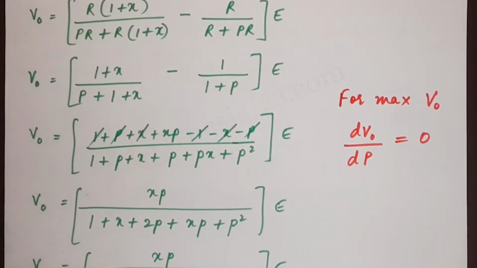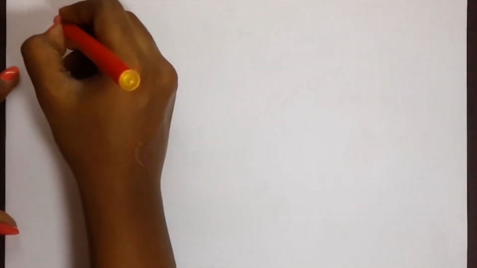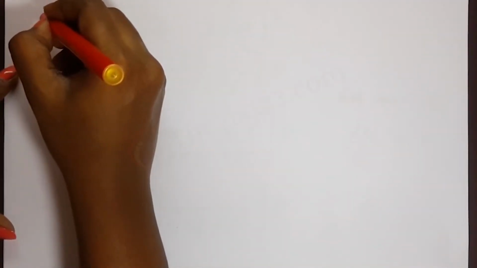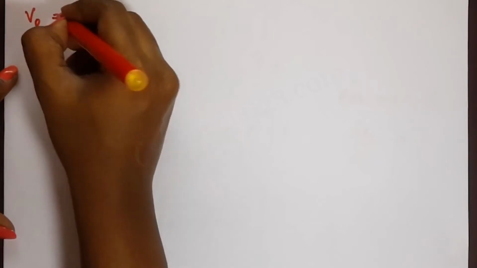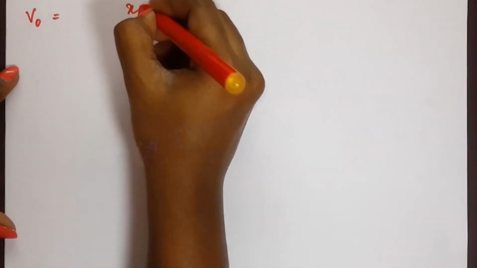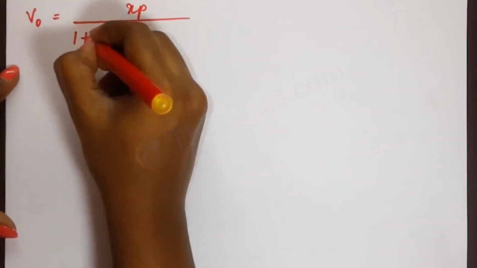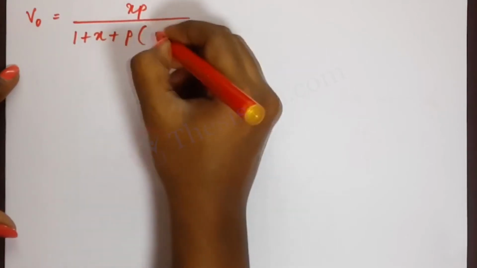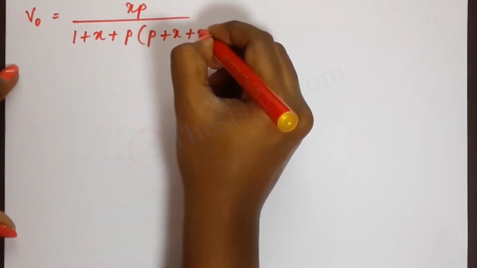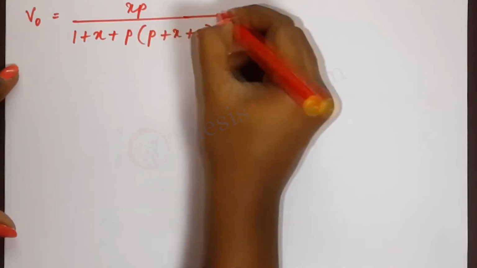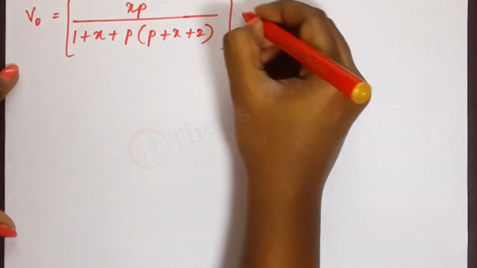For this expression, let's find the differentiation with respect to P. We'll use the U by V formula. First let me write down the same equation here. We had V0 is equal to XP divided by 1 plus X plus P into P plus 2 plus X, into E.